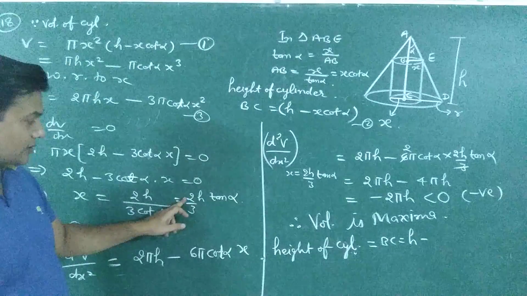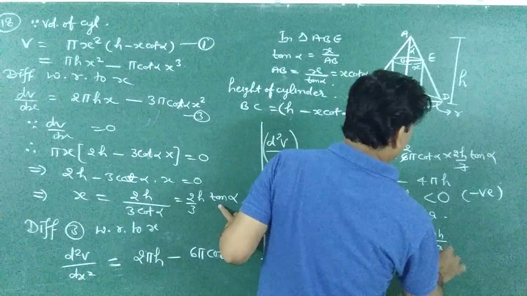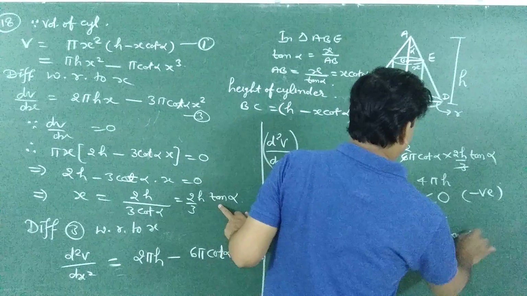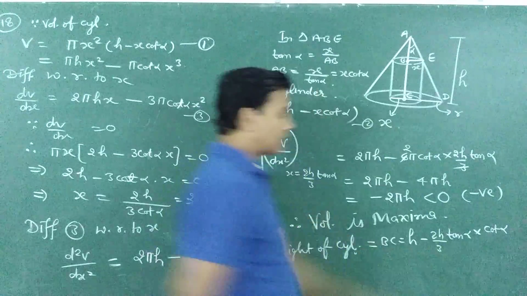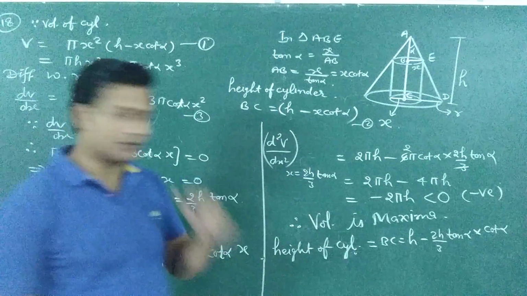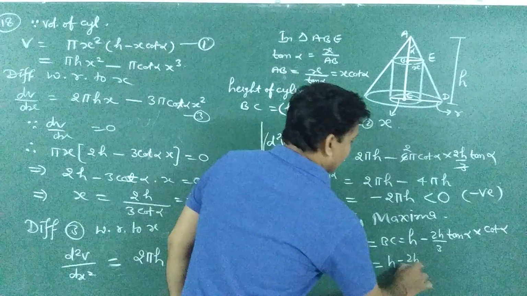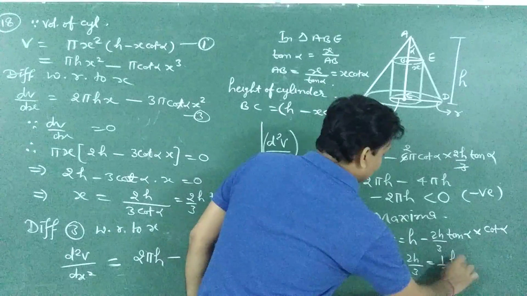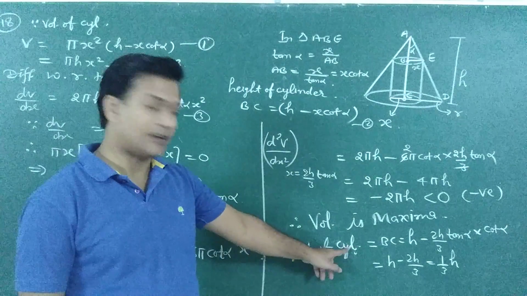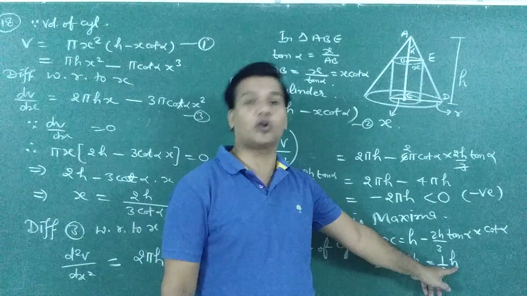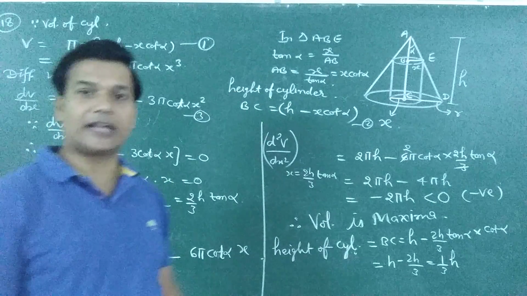The value of x is 2h by 3 tan alpha. Substitute here 2h by 3 tan alpha and into cot alpha. So tan alpha into cot alpha becomes 1. Here h minus 2h by 3 is the remaining part, which gives us 1/3 h. It tells us that the height of the cylinder is 1/3 of the height of the cone, which proves this.